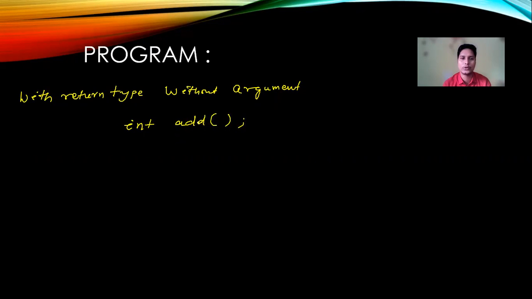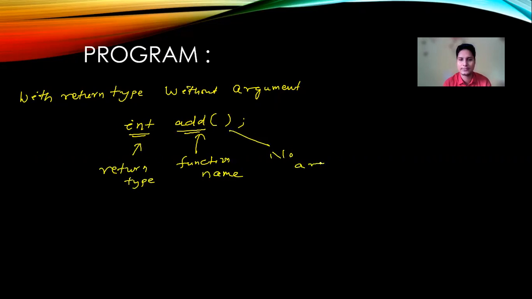There is no argument, but the return type is int. This is the function name. Return type is int, but there is no argument. Okay. So in this type, I will write a program and explain how the program is working.